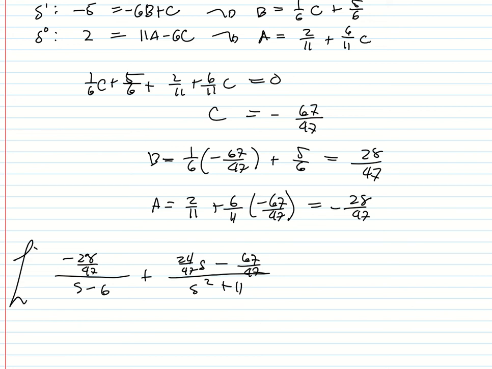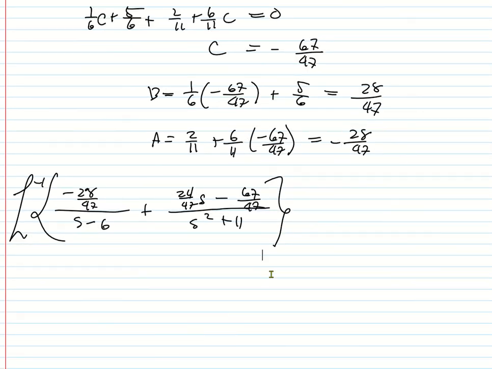And we can now take the inverse Laplace of this. But before we do that, we can separate this into two parts, 28s over that and 67 over 47 over that. So to simplify this, we can factor out 1 over 47.